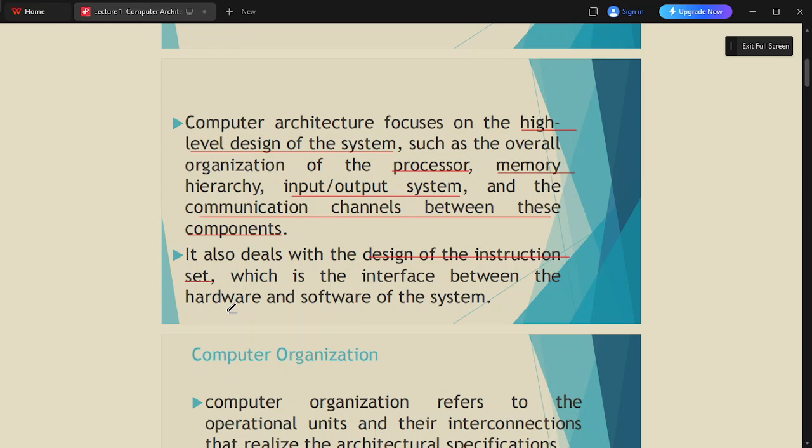So it's dealing with how the instruction sets are designed, and how the software part of a system and the hardware part interface or interact together. This design of the instruction set is simply connecting the software to the hardware part, and it also defines how software tells the hardware what to do.